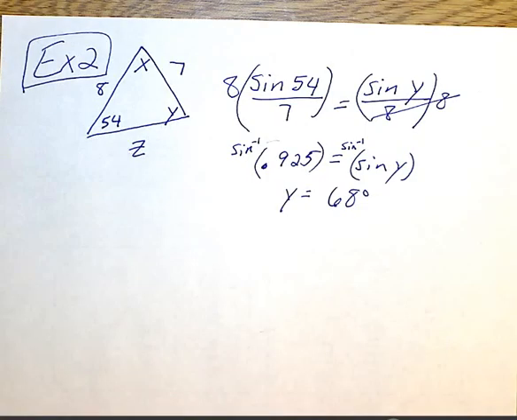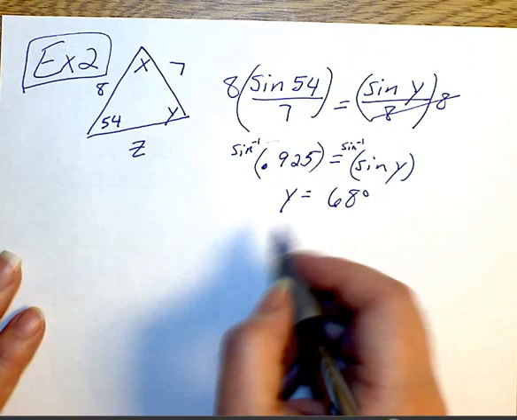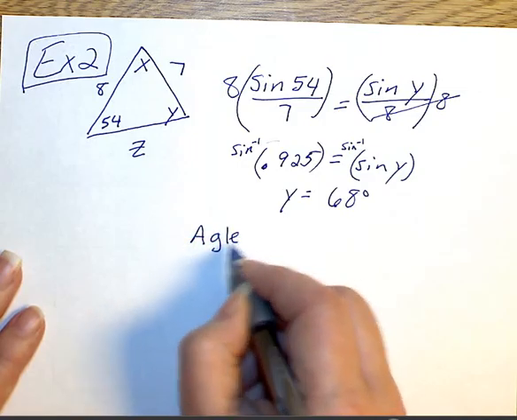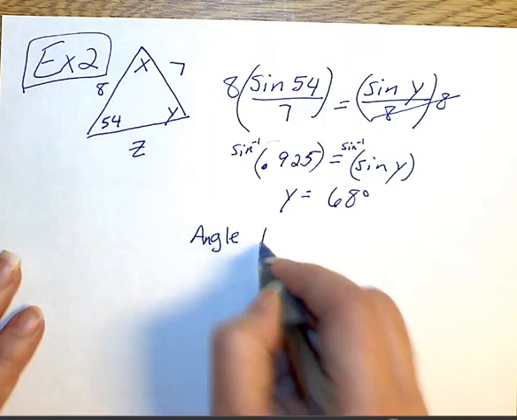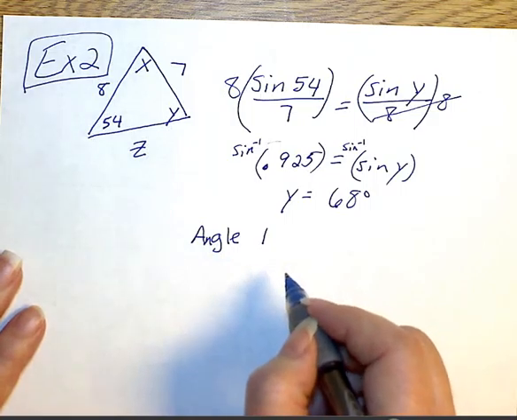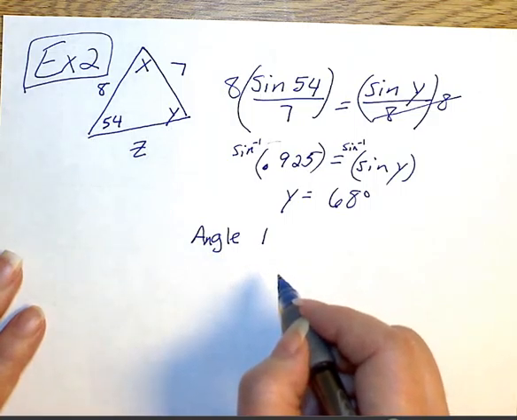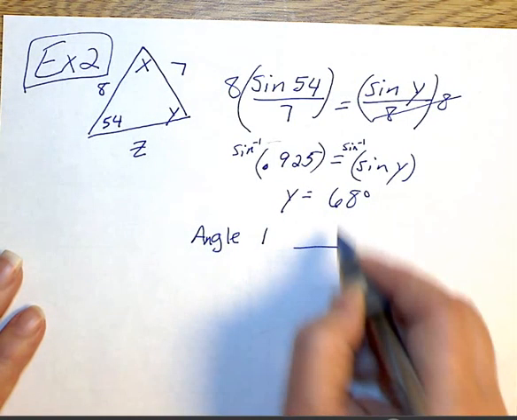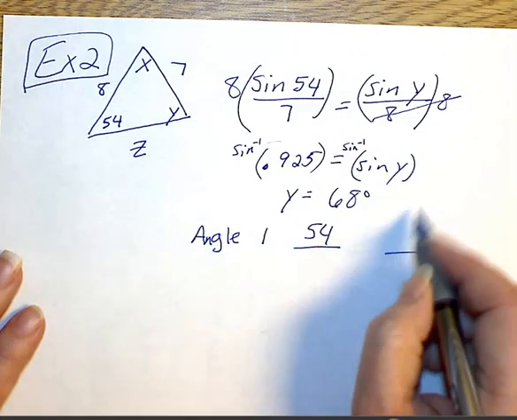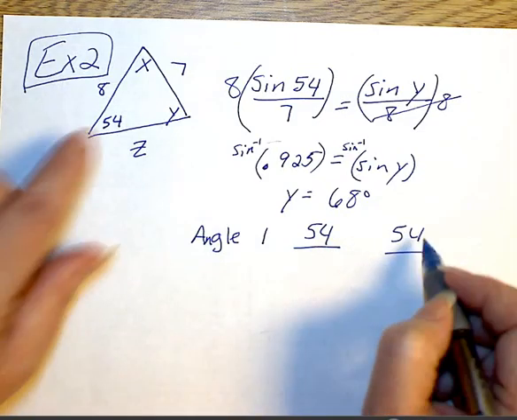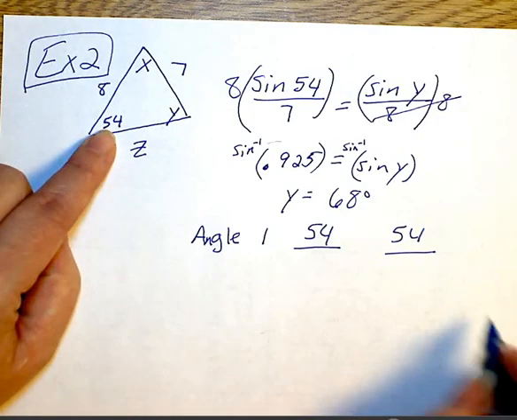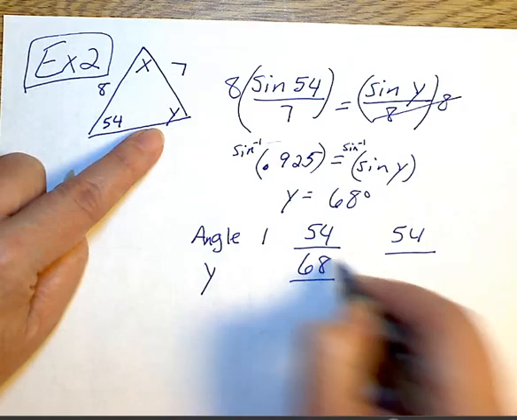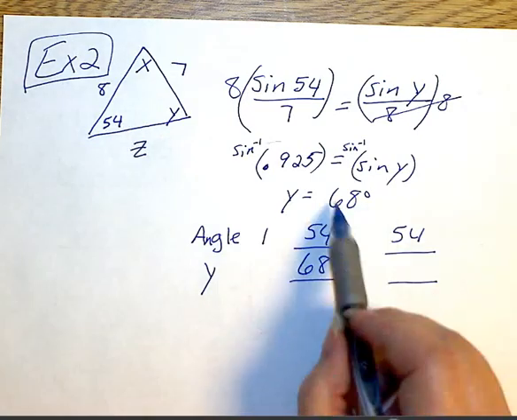Alright, so that's angle 1. Remember, we both started with 54, because that was what we were given. Then we just solved for Y. And on this one, it's 68. What else could Y have been?